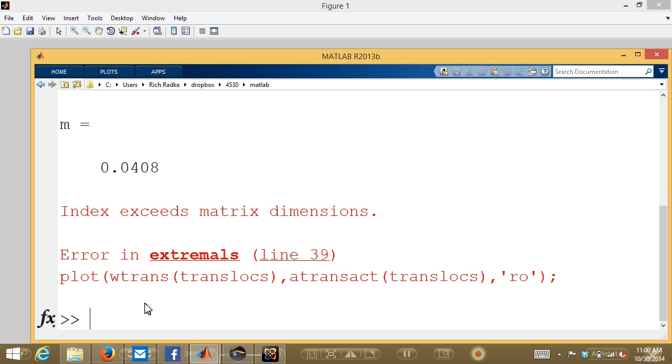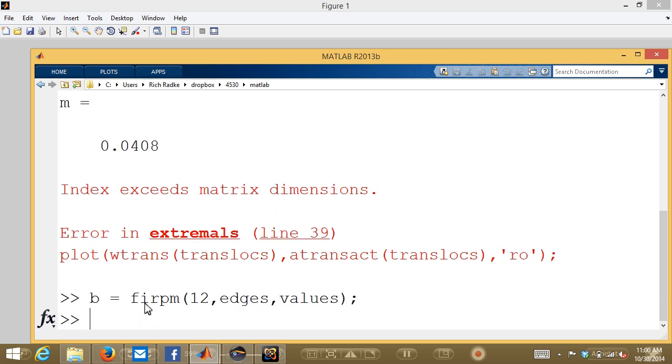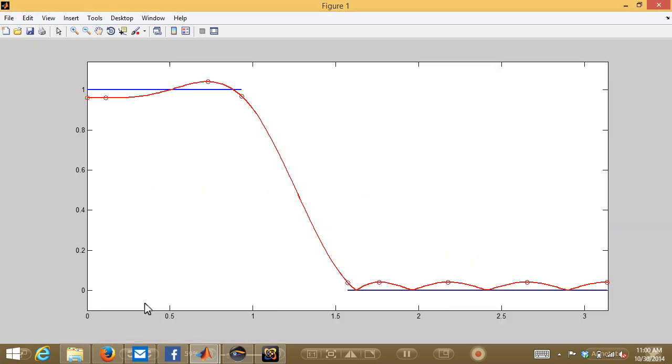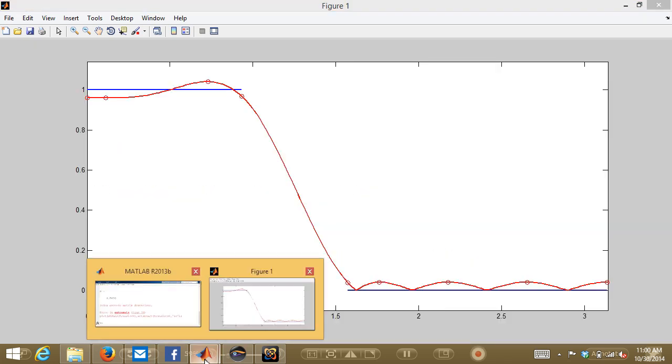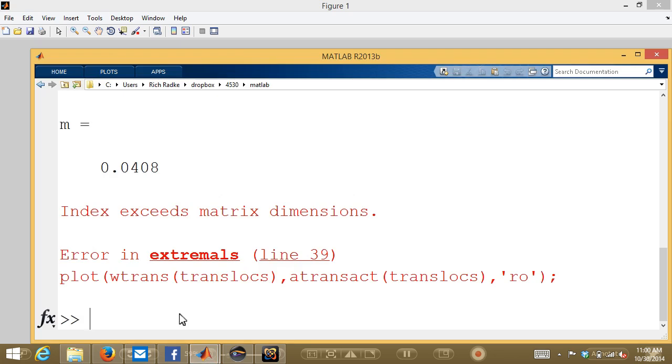Error, bad. Okay, so what was the thing I was doing yesterday? Oh, I think what I was trying to do, let me try something else. Let me make different edges. I don't know why that wouldn't work, actually.